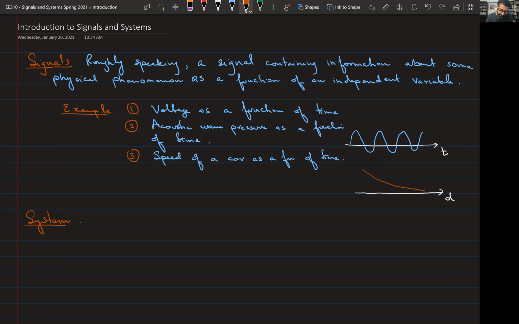Right? So it would be something which responds to an input signal and produces an output. And that output is also a signal.